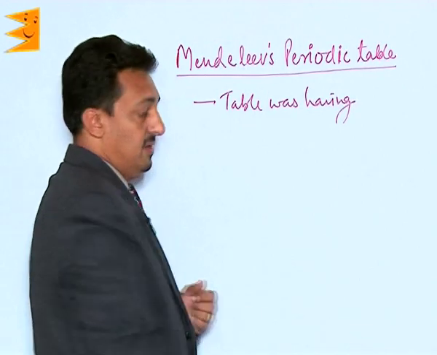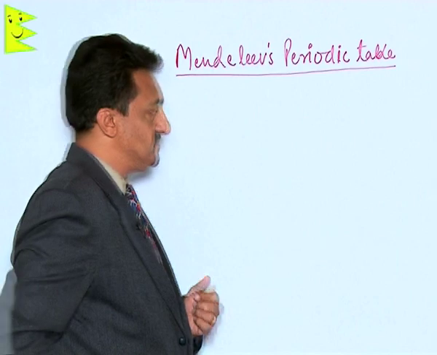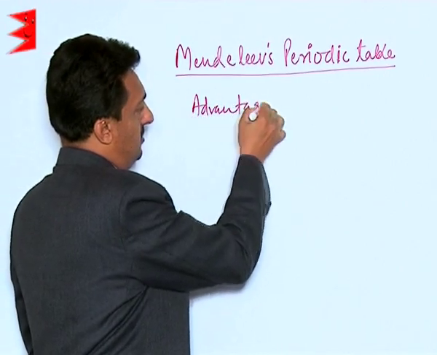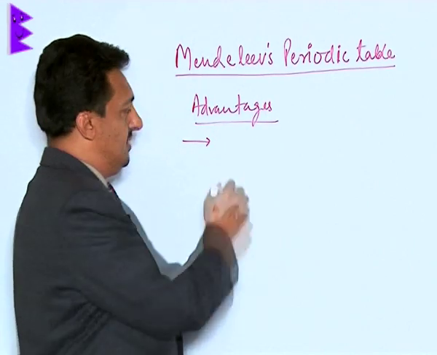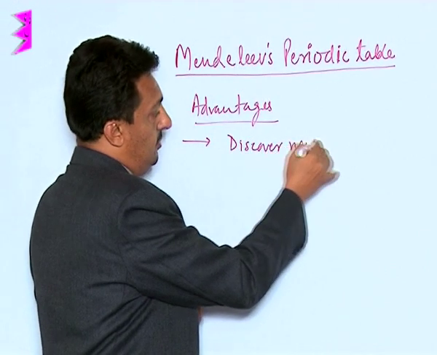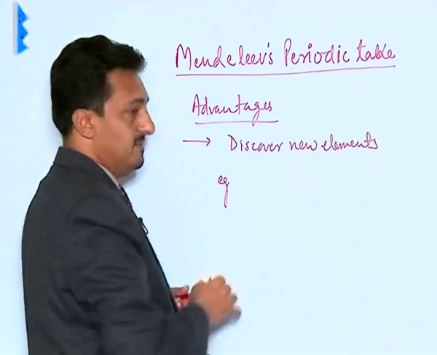The other thing is, we can list down his advantages. The advantages mainly, as I have told you, are that he left certain gaps, so we were able to discover new elements. I can give you an example.